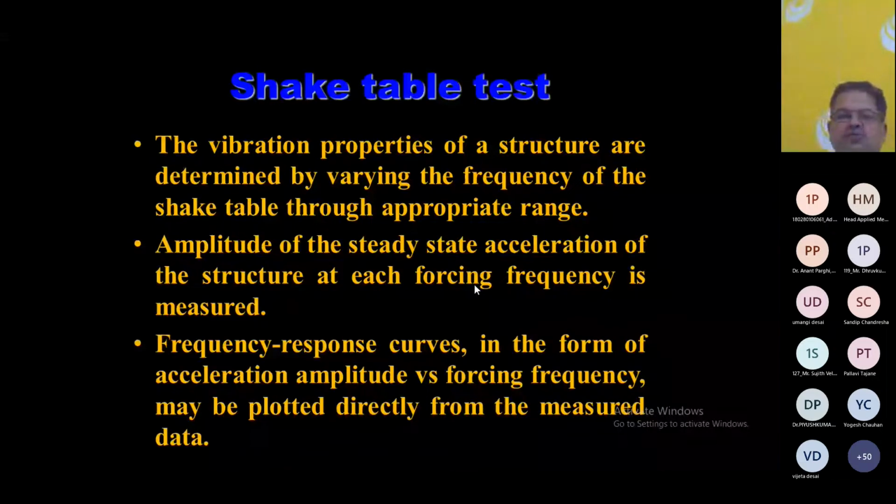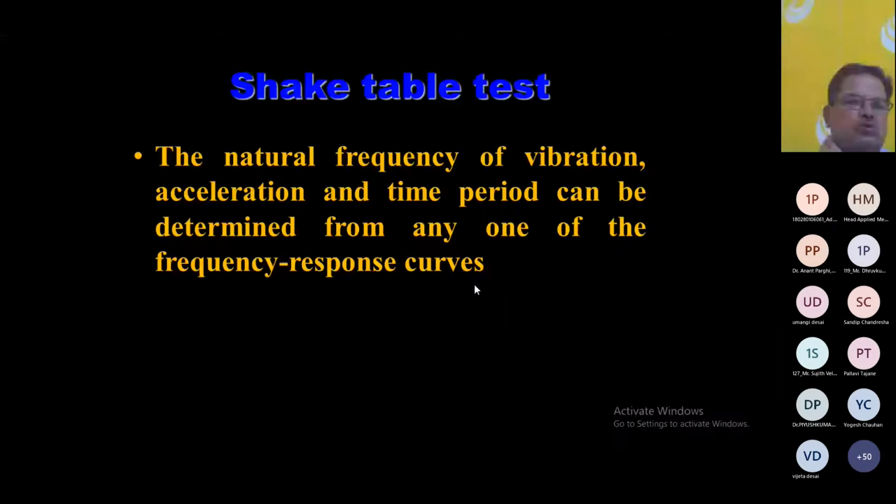We measure the frequency response curves, in the form of acceleration versus time, or accelerations versus forcing frequency, and that can be plotted. So we perform the shake table test, where we get the natural frequency of vibration.